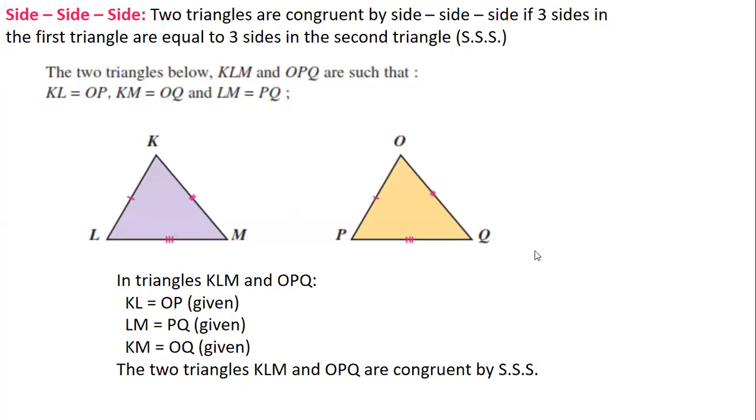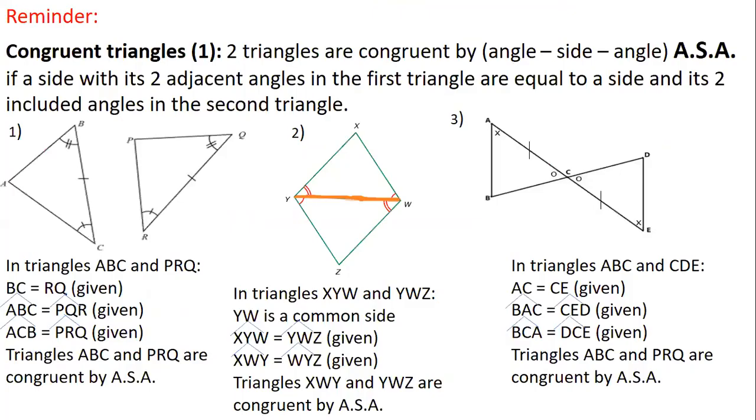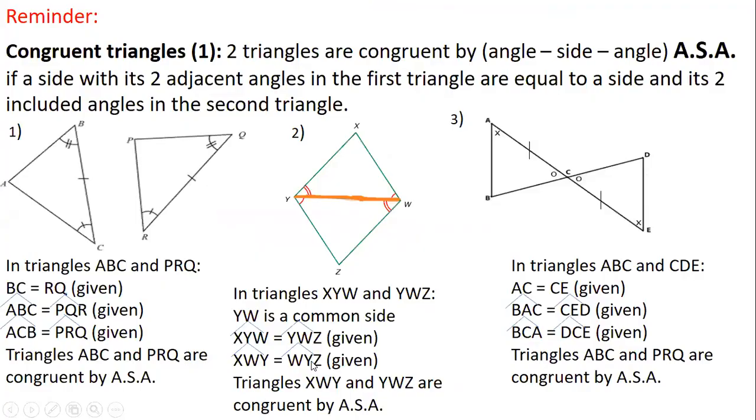I'm going back to show you what we read before. We should always write our proof depending on those 4 steps. First, we write the starting sentence. Then we say the elements given in our proof. Then we write an ending sentence. And if we use the homologous elements, we write them.